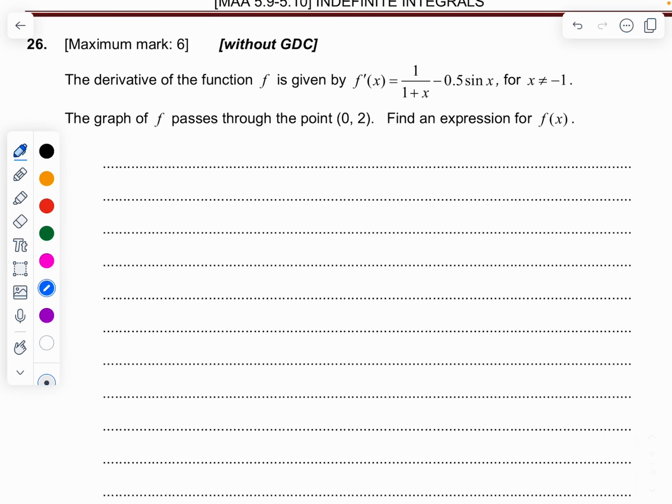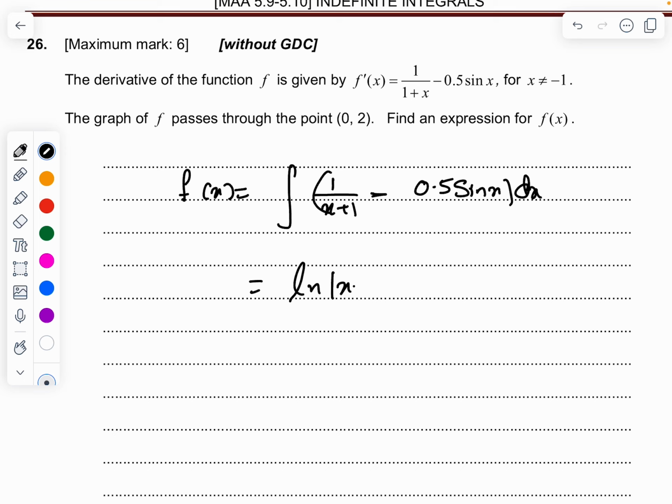Question number 26. The derivative of the function is given. The graph of f passes through 0, 2. Find the expression for f of x. So f of x will become the integral of 1 upon x plus 1 minus 0.5 sin x dx. So it will become ln of x plus 1 plus 0.5 cosine x plus c. But it passes through 0, 2.